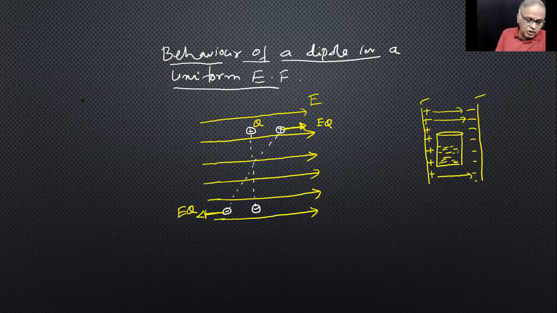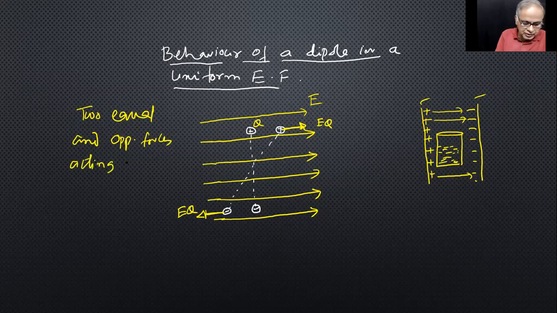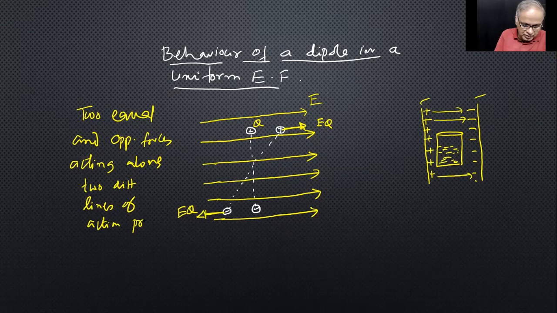So, two equal and opposite forces acting along two different lines of action produce torque.